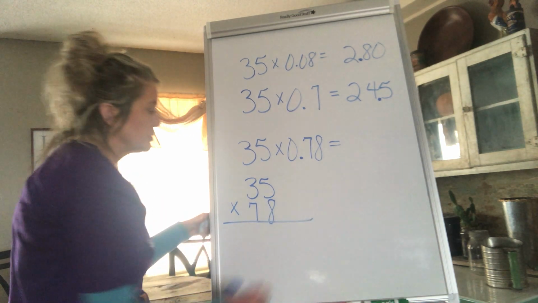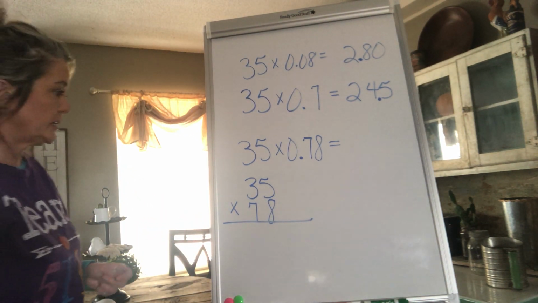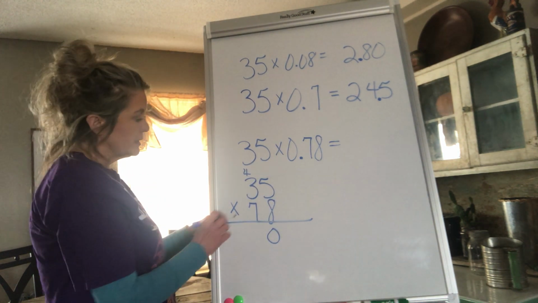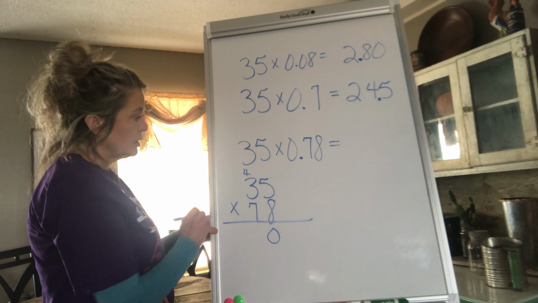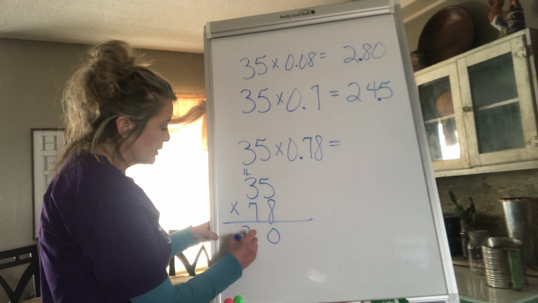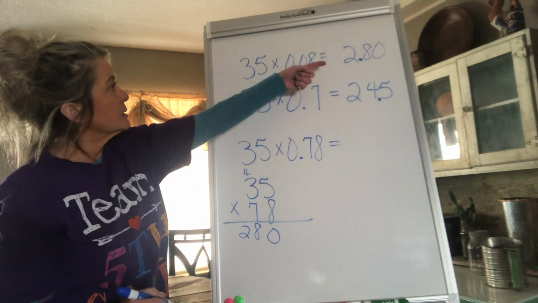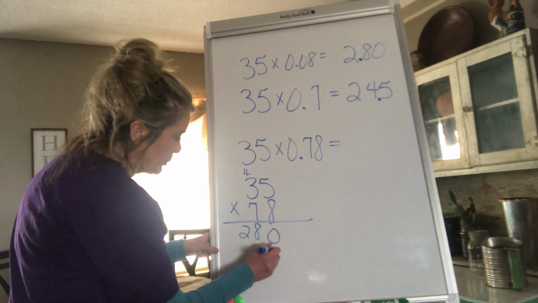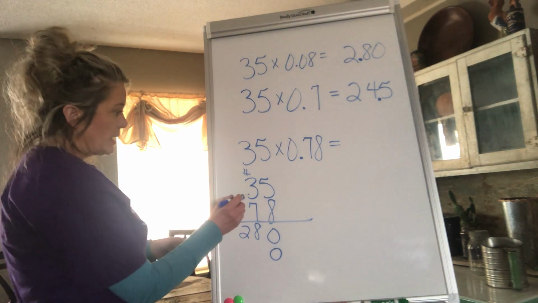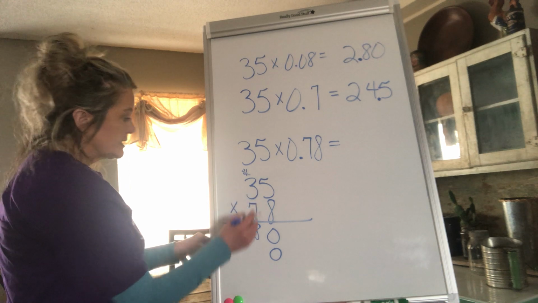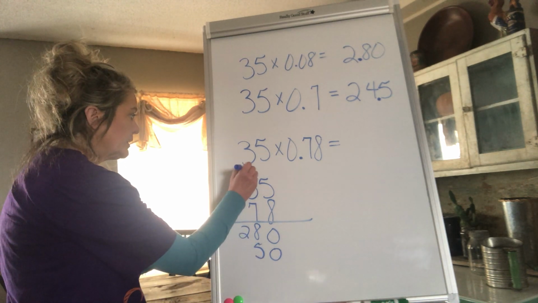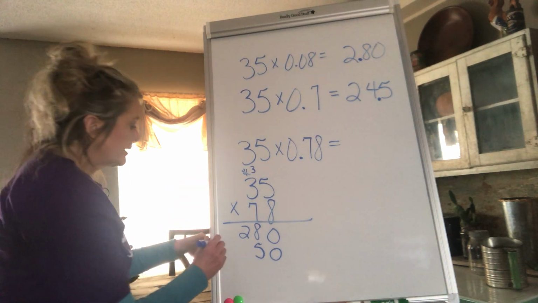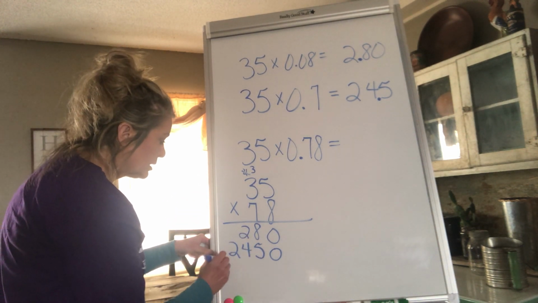All right, so if I multiply the number parts that I see, I would have 35 times 78. So we are going to have to do some multi-digit multiplication here. We would have 8 times 5 is 40. Carry the 4. 8 times 3 is 24. Plus the 4 that we carried is 28. And look, we came out with 280 up there. Yeah, that makes sense. And then I have to have a placeholder 0. I would have already used that one. 7 times 5 is 35. Carry the 3. 7 times 3 is 21. Plus the 3 that we carried is 24.